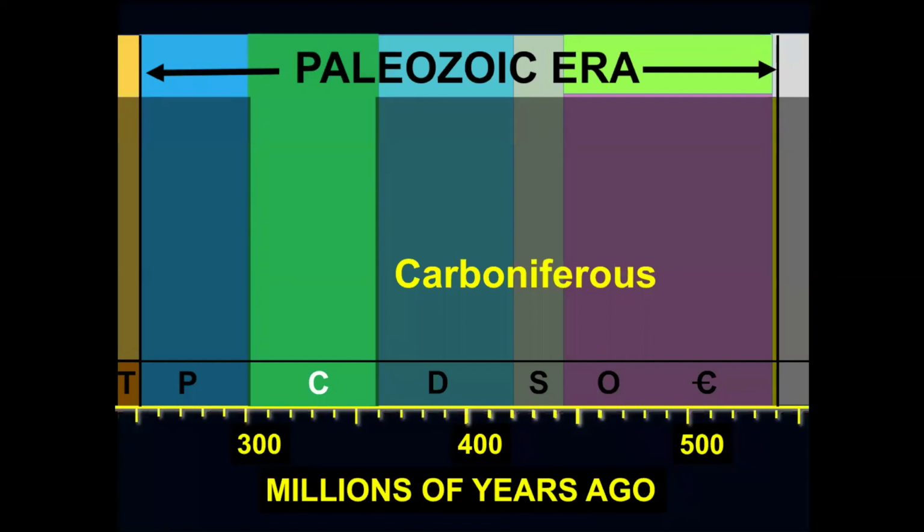The following period is the Carboniferous, and the Carboniferous is an amazing time. It has huge ramifications for our modern world. Our history is tied up in the Carboniferous, and it is so important that I'm going to be giving a talk on it by itself in a few weeks.